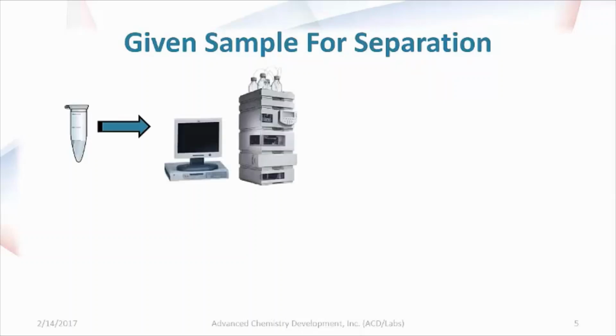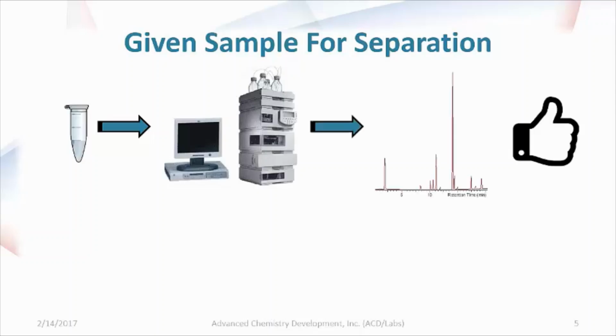So ideally, you can put your sample on your HPLC and it's available for you, and you've got standard methods to run, and you get adequate separation, and then you're happy and you're able to report it back to the scientist that has put in this request. However, we understand that we don't always live in an ideal world.